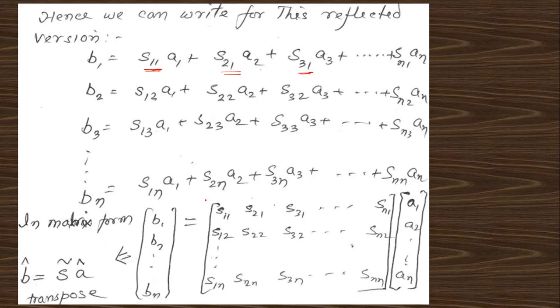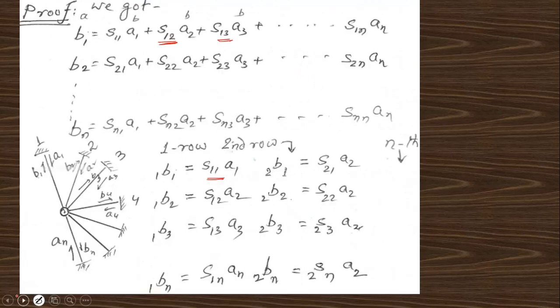So here you can write this matrix as S11, S21, S31 and so on, whereas the previous matrix was S11, S12, S13, S1n, whereas S21, S22, S2n, and Sn1, Snn.